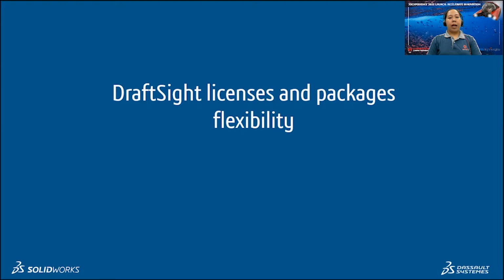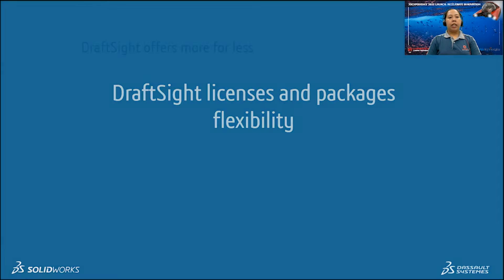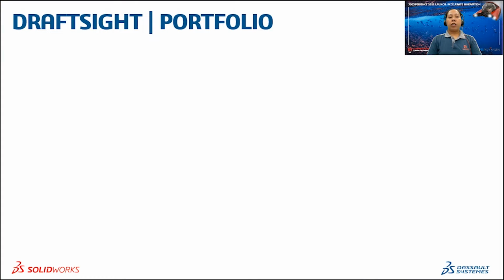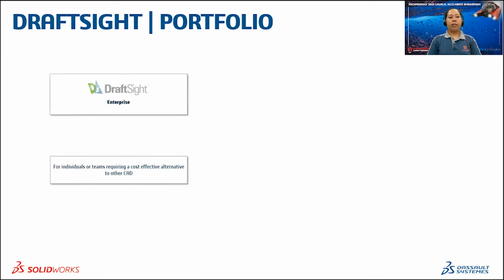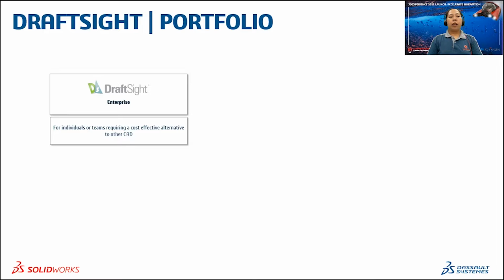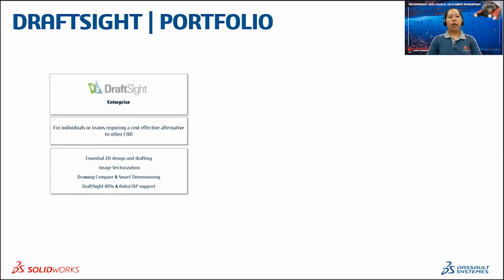DraftSight licenses and packages offer flexibility. Here are some of the portfolio of DraftSight. We have the DraftSight Enterprise, which is good for individuals or teams requiring a cost-effective alternative to other CAD.